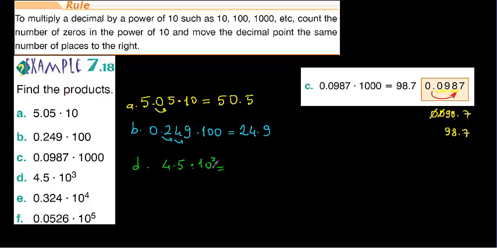Okay, 4.5 times 1000, so you're going to move 3 units right, 1, then 2, and 3. And here we don't have decimal places. That's why we should add the zeros to the end. Okay.